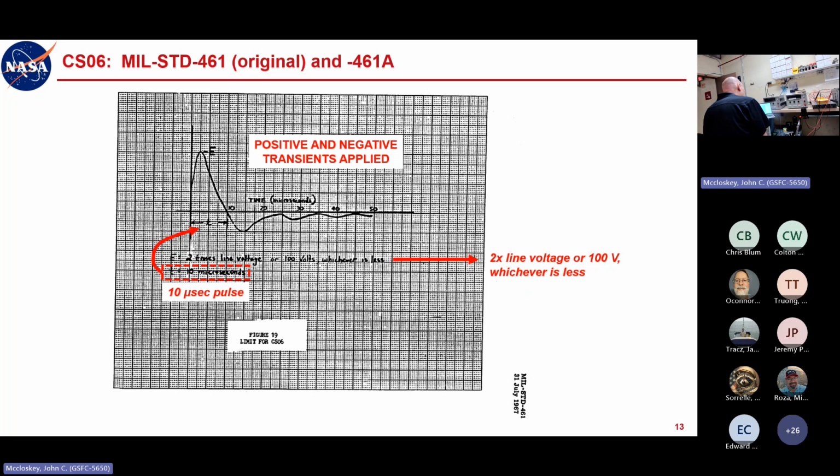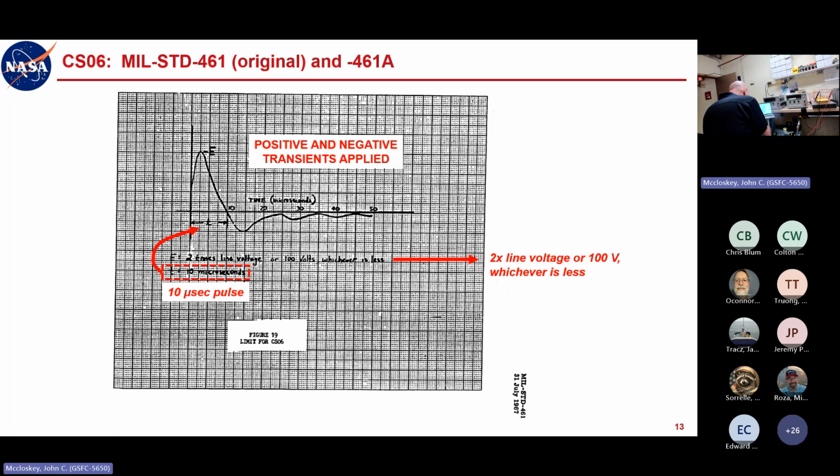Just going by this default, even if you're on a 28 volt, or we'll call it a 30 volt DC bus, this is telling you that you'd want to go 2 times the line voltage, so up to 60 volts. So that means your negative going transient is going to pull you down to minus 30 volts. This is something that gets very confusing.